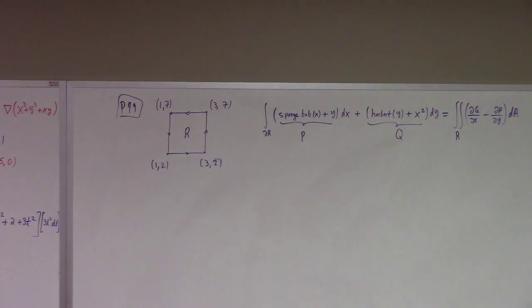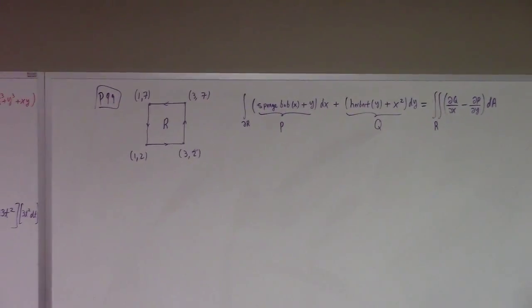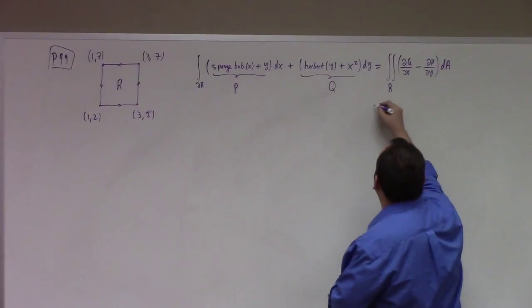I can put, like I said, SpongeBob of x, because I just differentiate P with respect to y, holding x fixed, right? So SpongeBob goes away, and Herbert, well, Herbert's dead, because Herbert only depends on y. He's just a one issue Herbert, so he can't survive this derivative. That goes away, and you're just left with what?